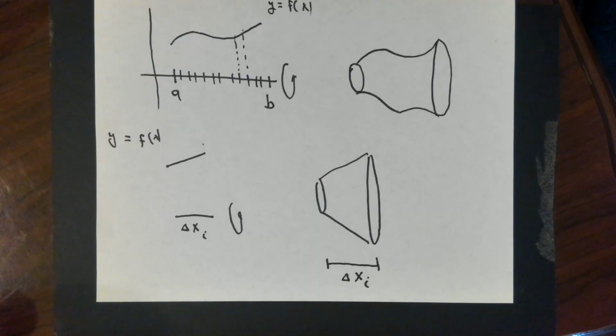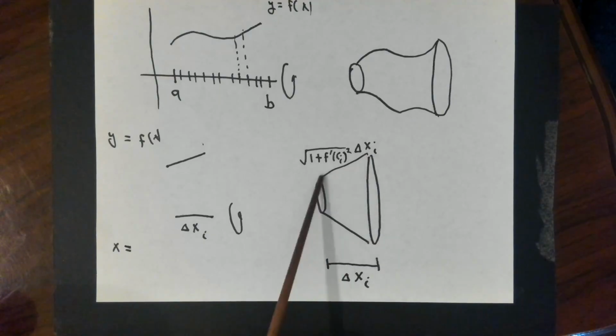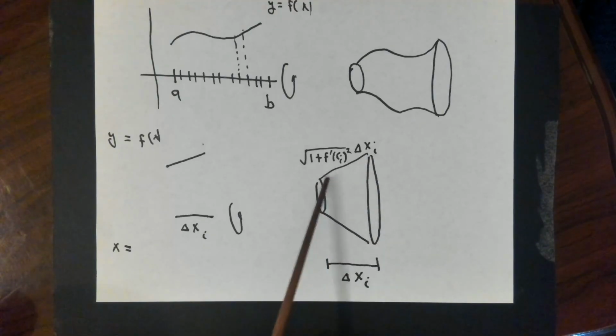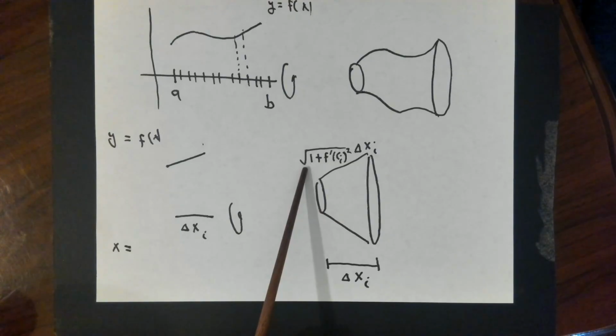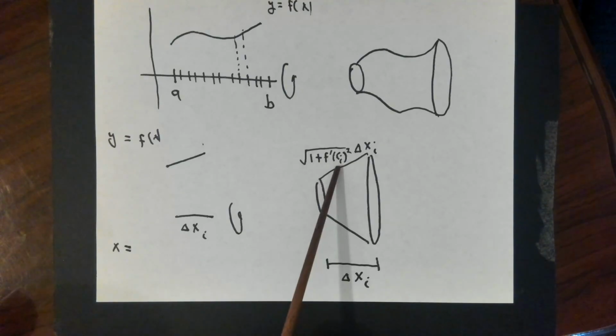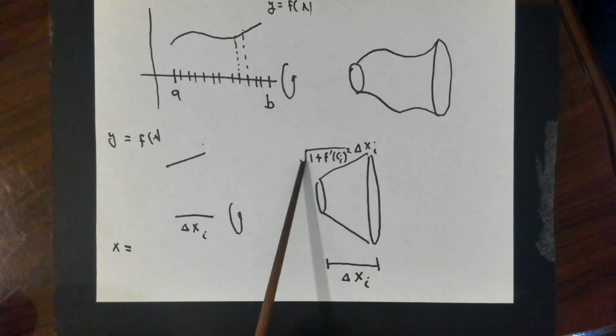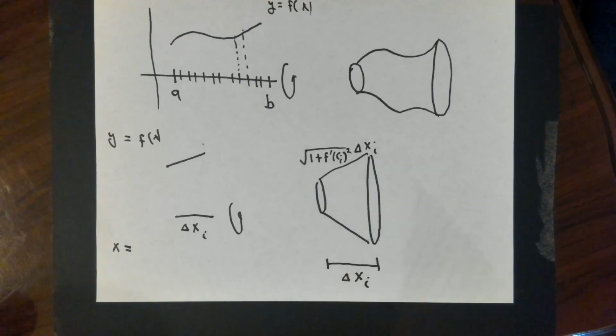But we know how to estimate amounts of length along edges, that's arc length. The amount of arc length along the edge is approximately the square root of 1 plus f prime of ci squared, multiply by delta x number I. To get the area that I'm interested in, though, I need to take that chunk of arc length and multiply it by 2 times pi times a radius.